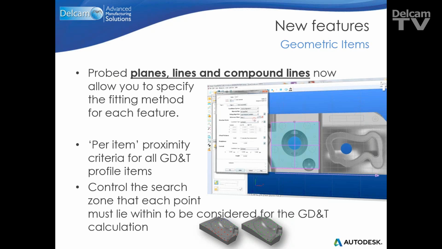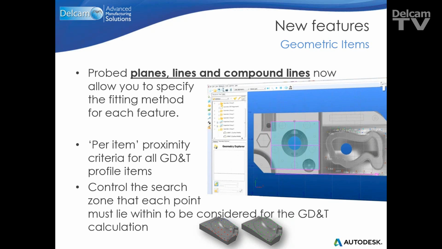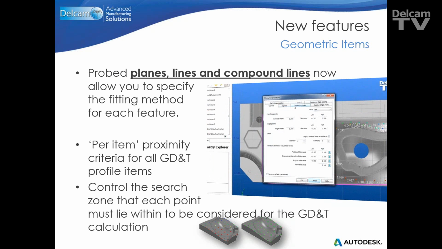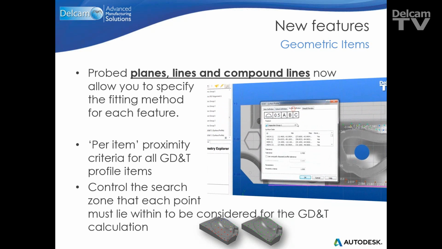Previously, planes, lines, and compound lines were all fitted by the least squared method. This is very good for a general purpose interpretation of the measurement results, but it doesn't describe what happens in reality when the feature needs to fit against something else. So now you also have the maximum material condition and the minimum material condition as 2 alternative fitting methods.